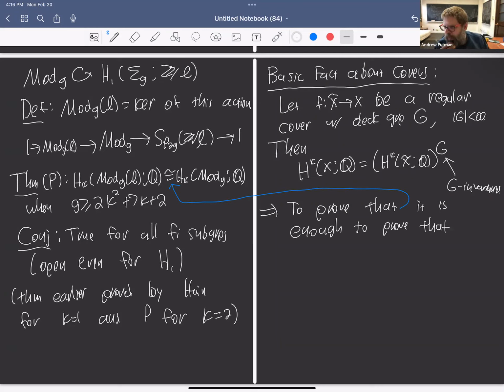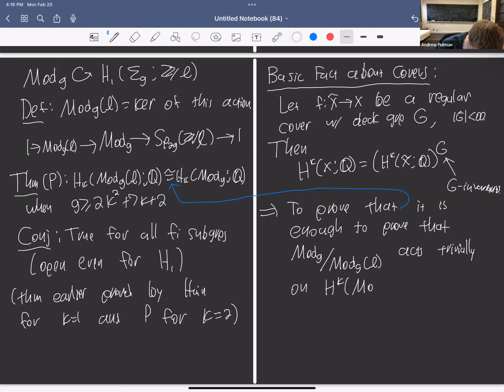that, so this corresponds to a finite cover of a K(G,1) for the mapping class group, right? The deck group is going to be the quotient, so it's enough to prove that Mod(G)/Mod(G[L]) acts trivially on, say, the cohomology of Mod(G[L]) with Q coefficients, right?